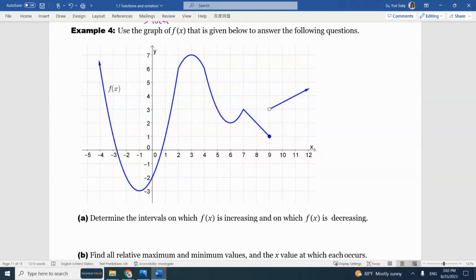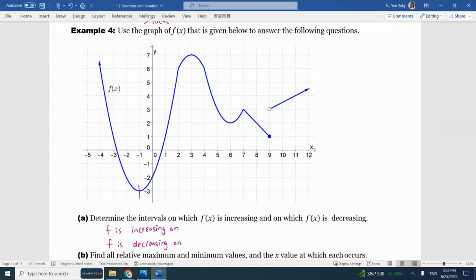And you stop here, then you are increasing, and then you are decreasing. Let's figure out the intervals. Let me put increasing here, and decreasing here.